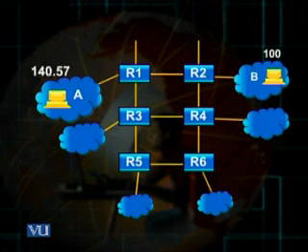This client machine A wants to send data to a web server machine B sitting on A type network number 100. First of all, when the client machine types the URL http://ecom.cs.vu.edu for that matter and presses enter, in a fraction of a second, with the help of the domain name system, this domain name would be translated into the IP address of the server machine where this web page is hosted.